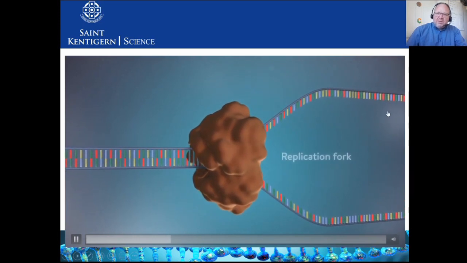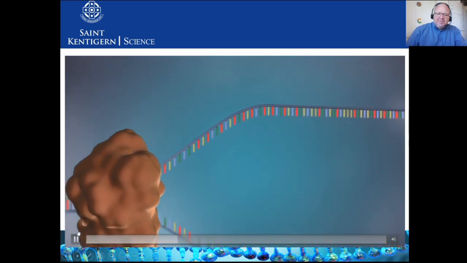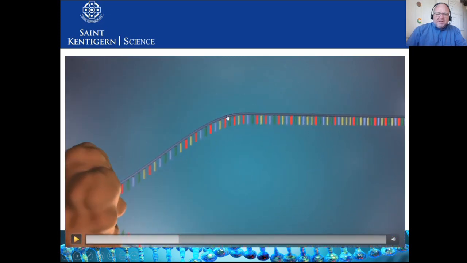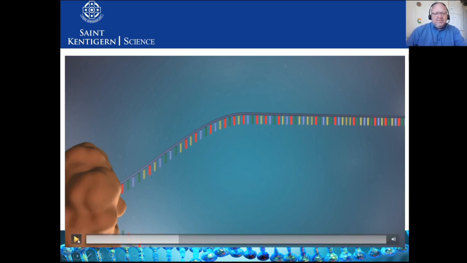Now we have exposed base pairs. Now you can see this is called the replication fork, but because we have these exposed base pairs, and think back to, remember this is chemistry, this is biochemistry. Now what's happening now is you have these free floating nucleotides in the nucleus, and they need to join up with this, and something needs to help them, an enzyme again, because enzymes are catalysts and they help the reaction to take place, but you need to expose them to be able to add something onto them.